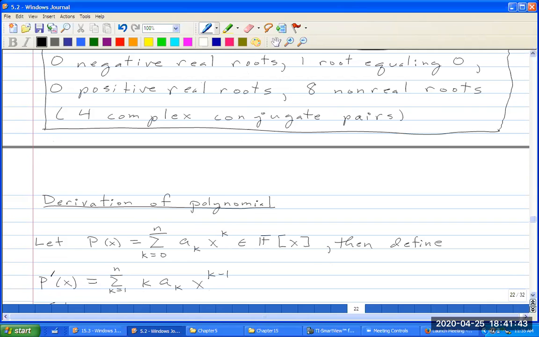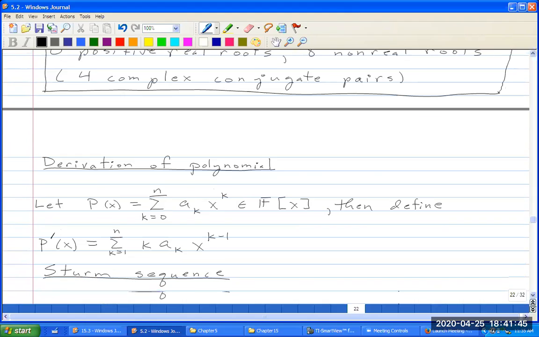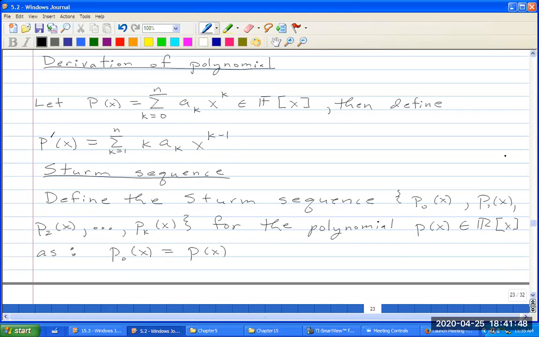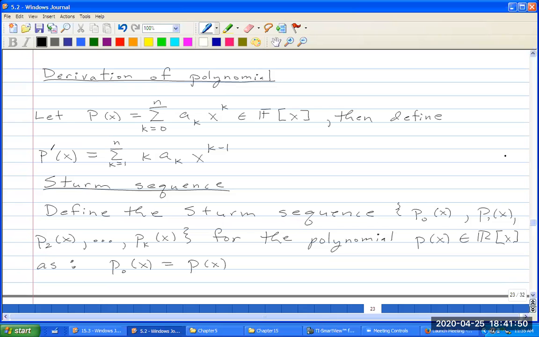Or I could look at some other intervals and still tell how many roots there are in each of those. First off, the derivation of a polynomial. So let p of x be some polynomial, the sum for k equaling 0 to n of a sub k x to the k, with coefficients in a subfield F, in the indeterminate x.